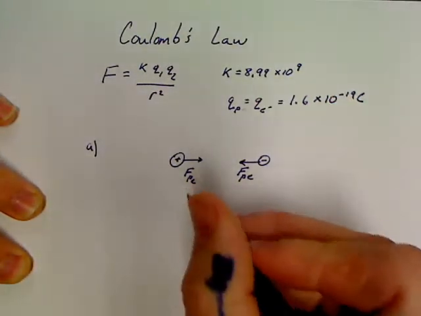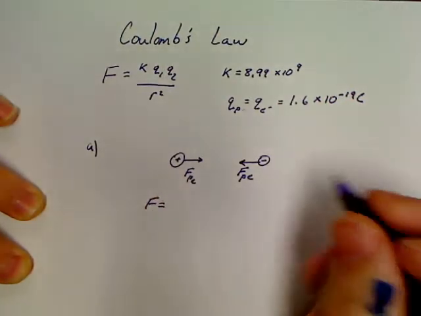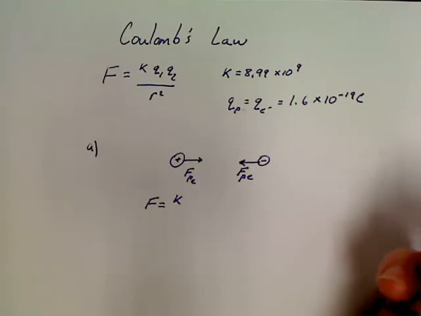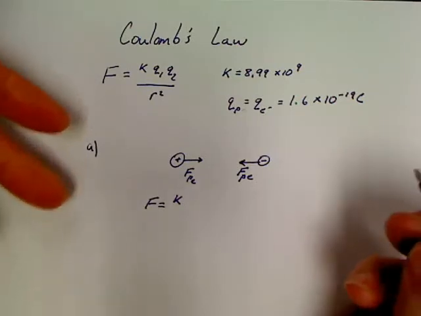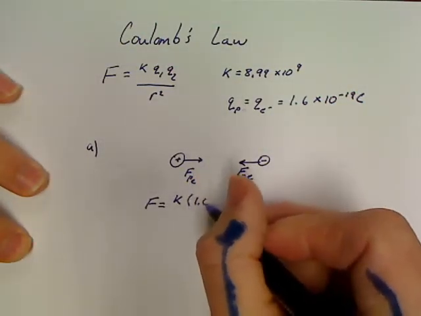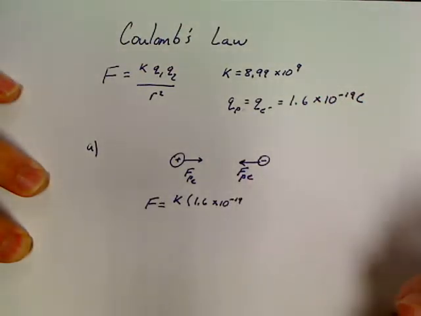To calculate that electrostatic force, we'll just apply Coulomb's Law. K, and I'm not going to write out 8.99 times 10 to the 9. Whenever I write K, I expect you to know what I'm implying. So K times 1.6 times 10 to the negative 19, the charge of a proton.